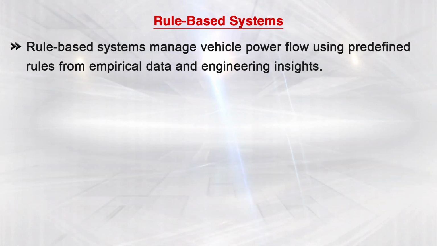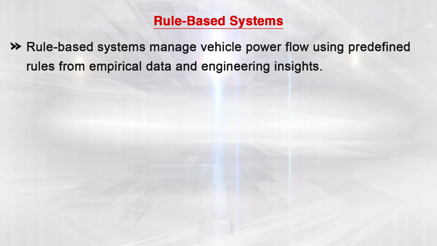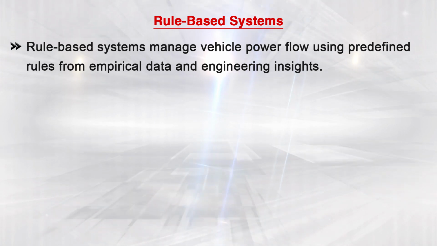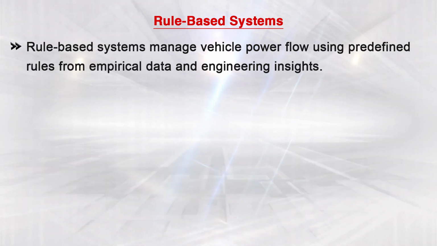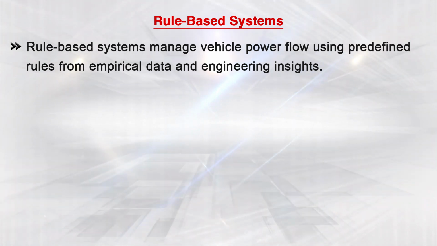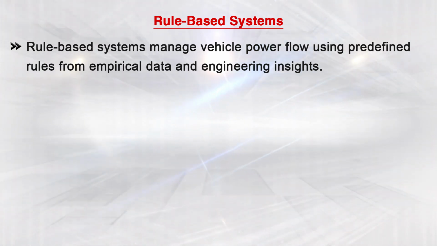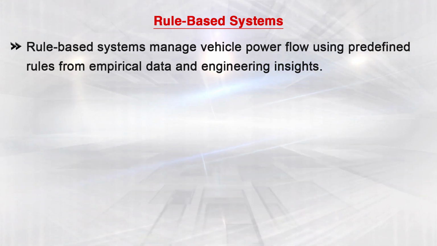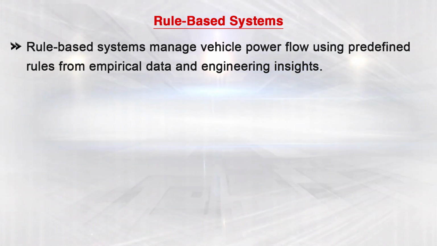So, the rule based system utilizes a predefined set of rules and criteria for managing the power flow and operational state of various components within the vehicle. These rules are often derived from empirical data, engineering expertise, and specific driving conditions.